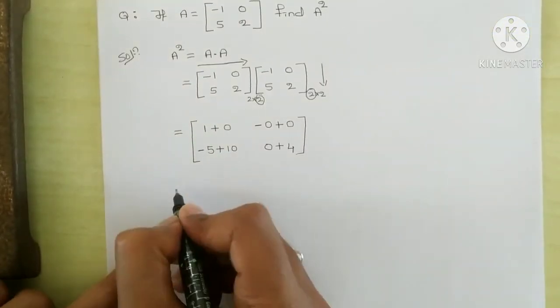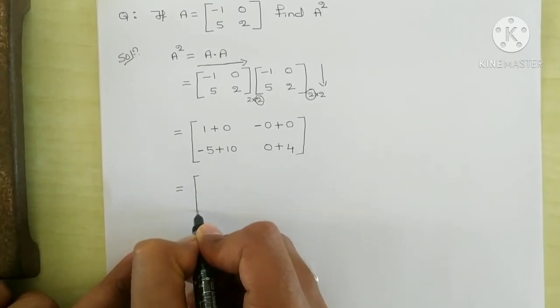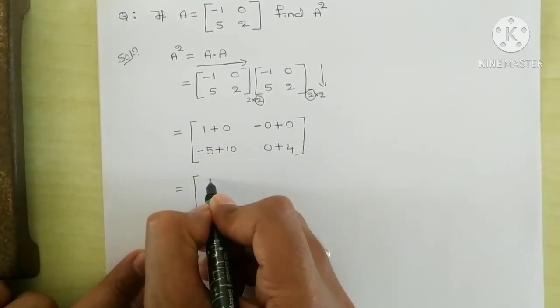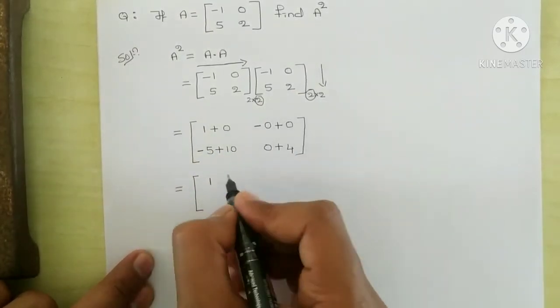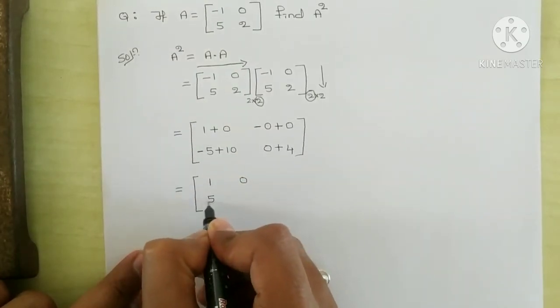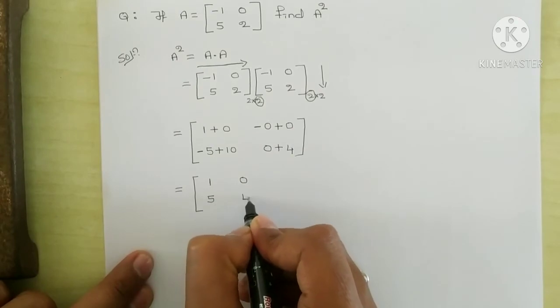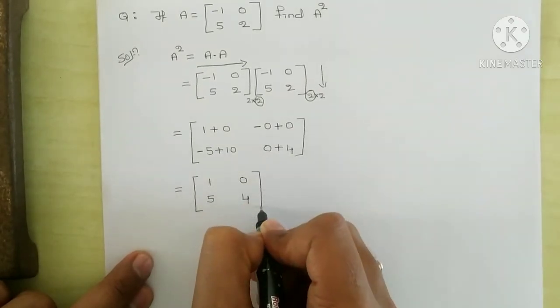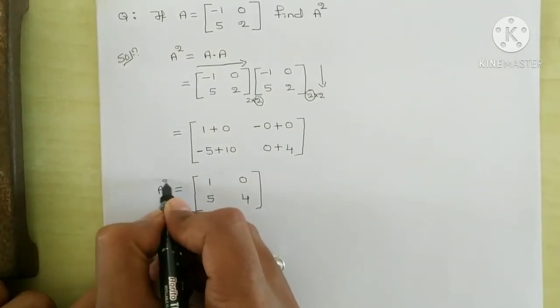Therefore, the final answer is 1 plus 0 is 1, minus 0 plus 0 means again 0, minus 5 plus 10 is plus 5, 0 plus 4 is 4. So this is the value of A square.